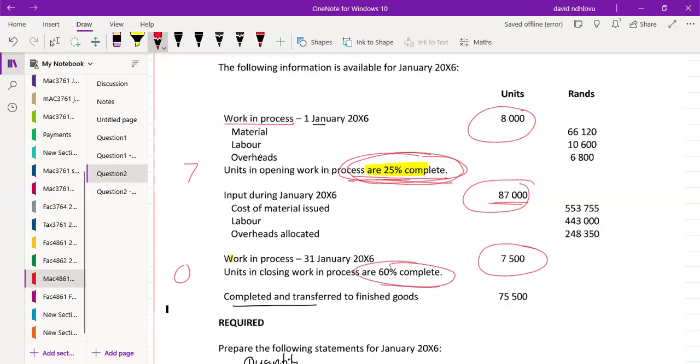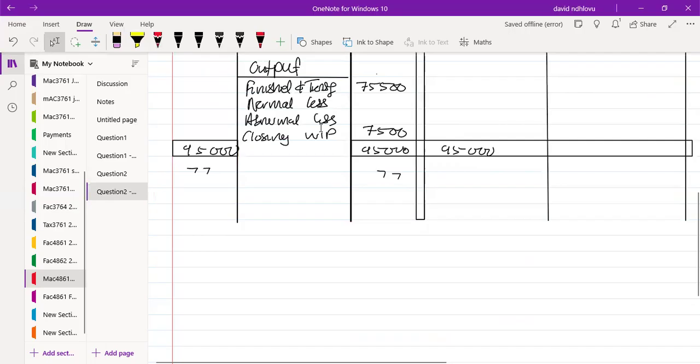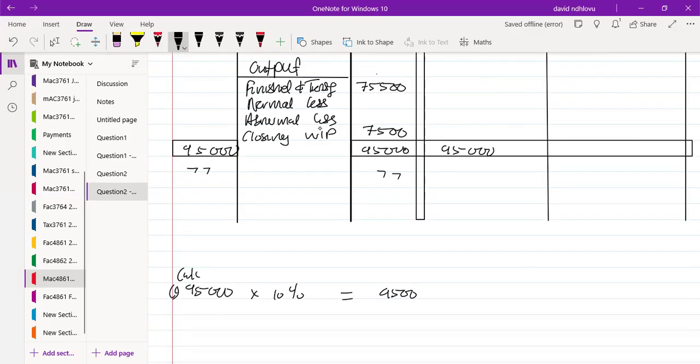So when the opening WIP and the closing WIP have normal loss, we conclude by saying all the input units that we have, which is 95,000 units, did have normal loss. And the normal loss is charged at what? 10%. So therefore we have 9.5.